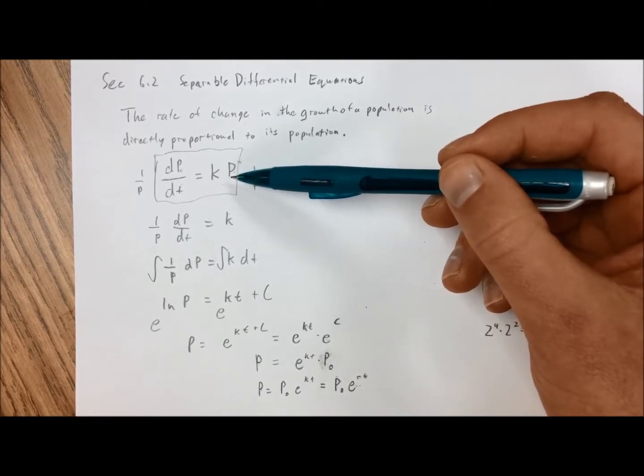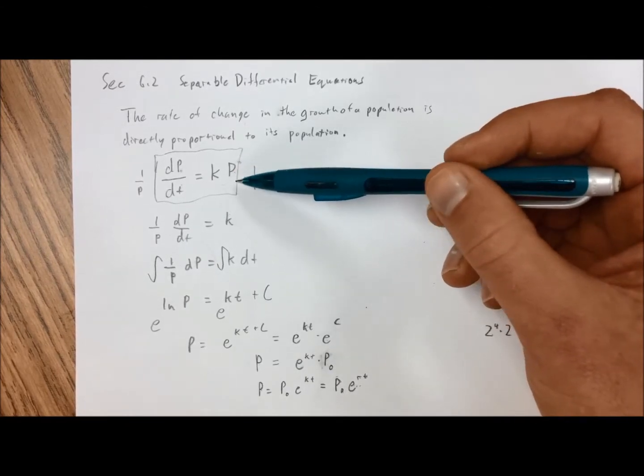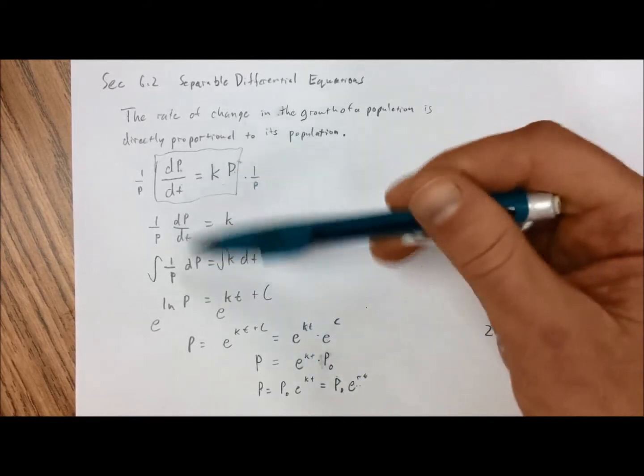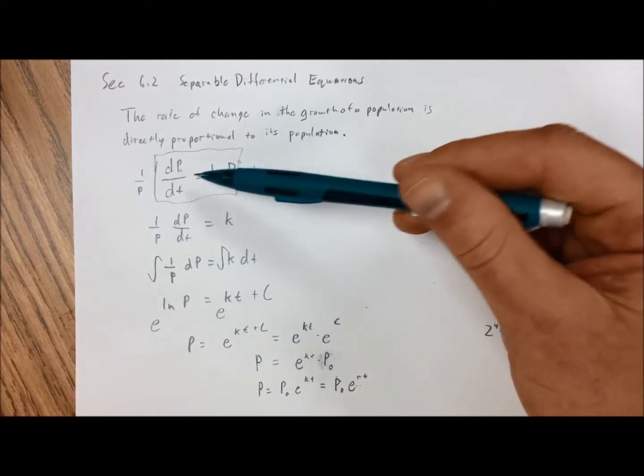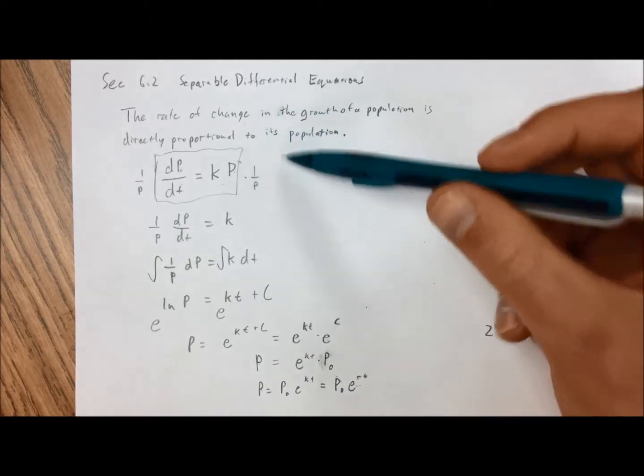Or it may say the square of the population, which would be p squared. They may say the square root of the population. All sorts of different ways that you can do these separable differential equations.